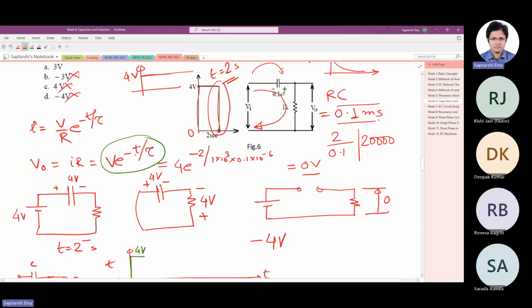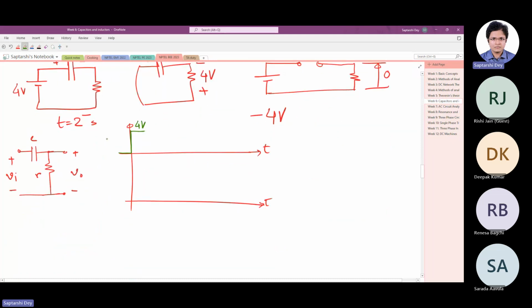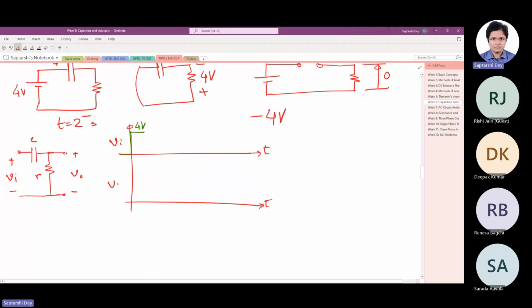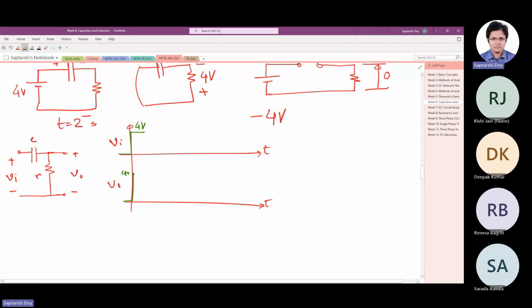At t equals 0, V is V. So if this is V in, this is V out. Try to understand. At t equals 0, V output is equal to V input, and then it drops exponentially. So it was 0 initially. Suddenly it becomes 4 volt, and it drops like this.